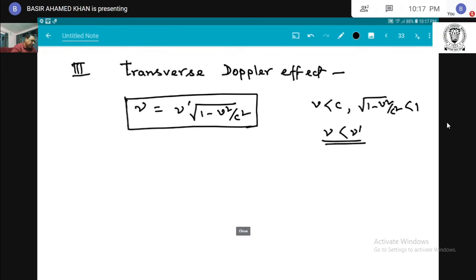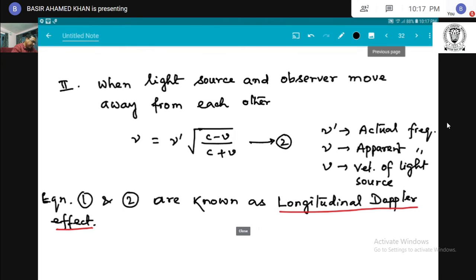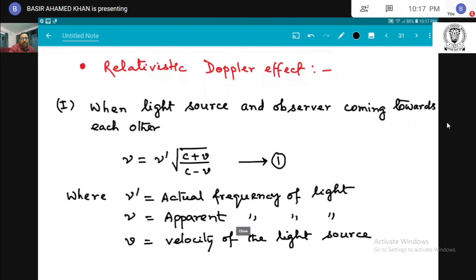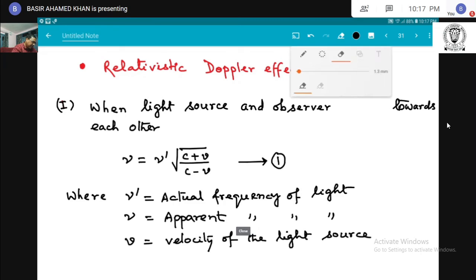But in the longitudinal Doppler effect, when the source and observer move towards each other, the apparent frequency is greater than the actual frequency.